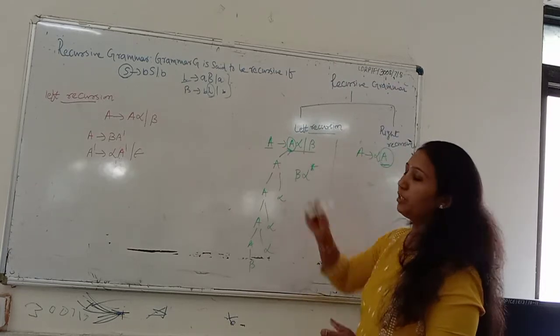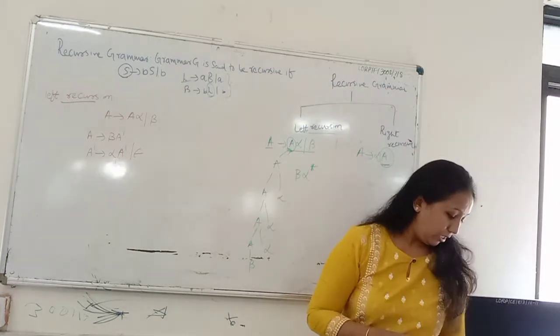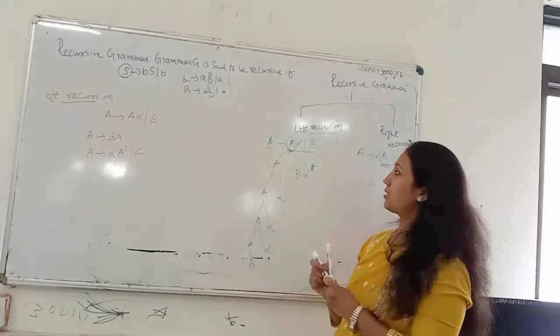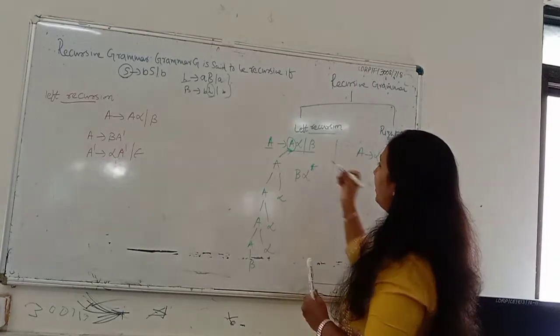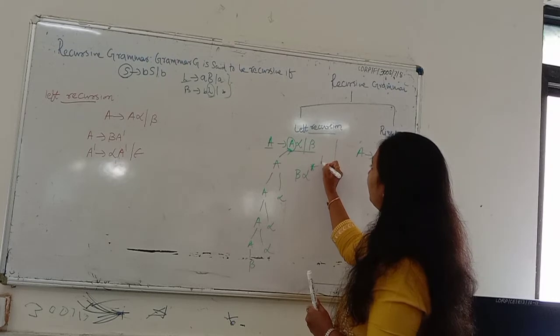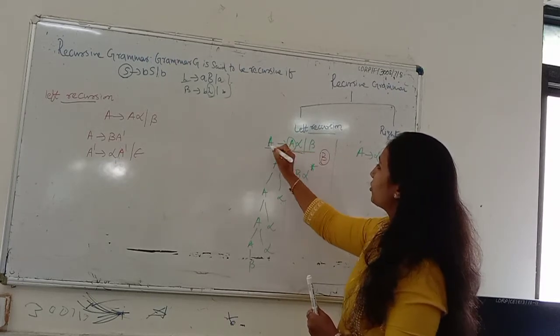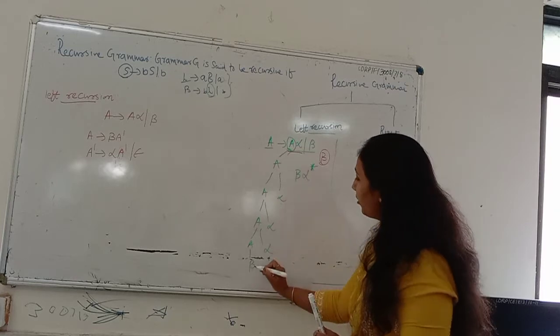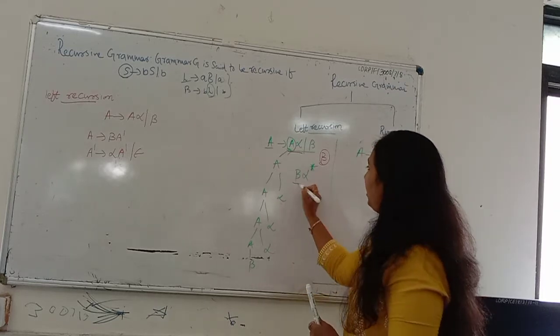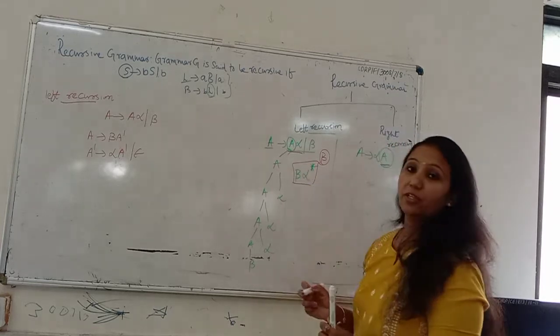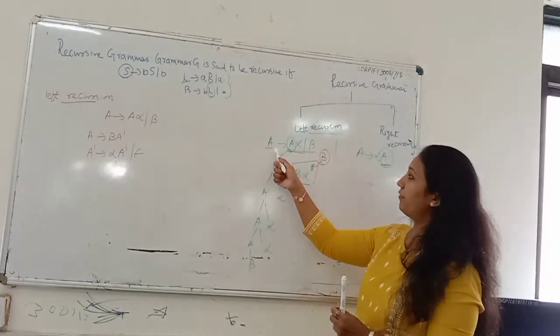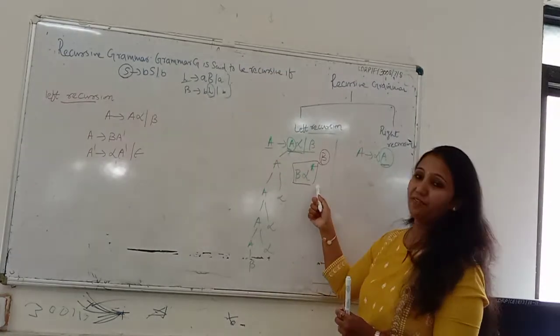If the production selected is A to beta, then only the string beta is generated, and if it selects A to A alpha, then iteratively beta alpha star is generated.